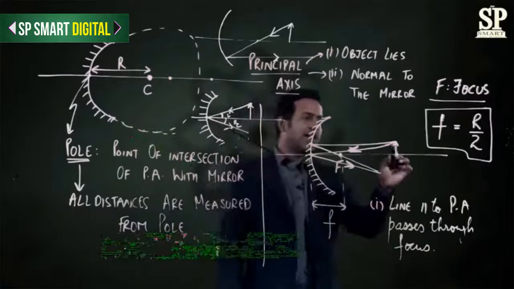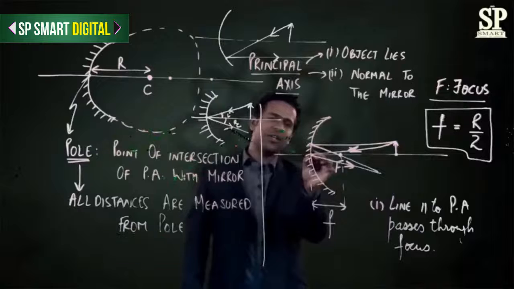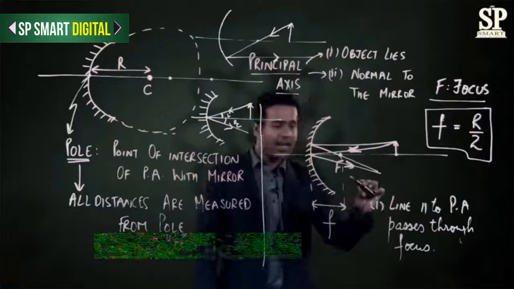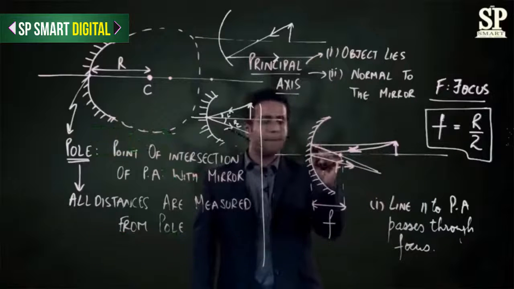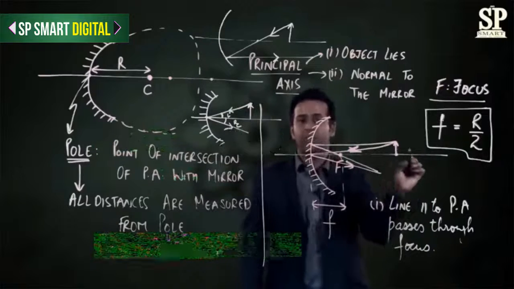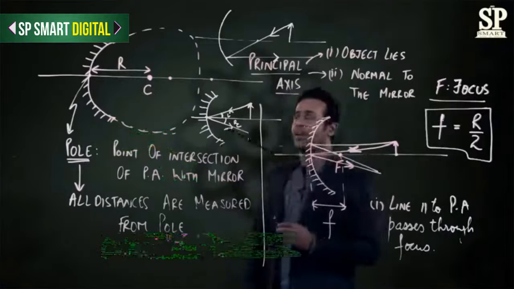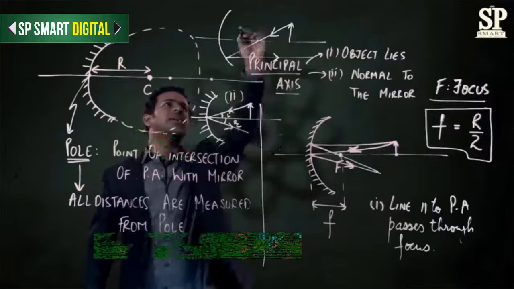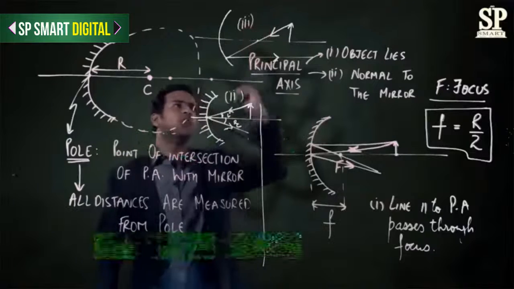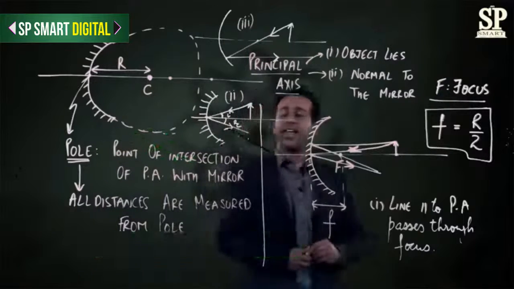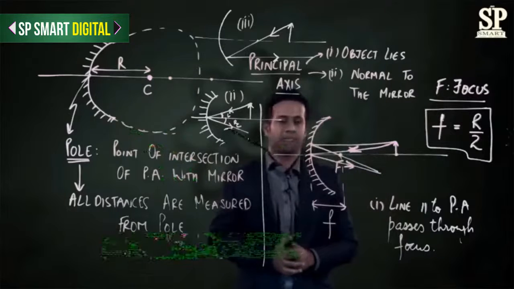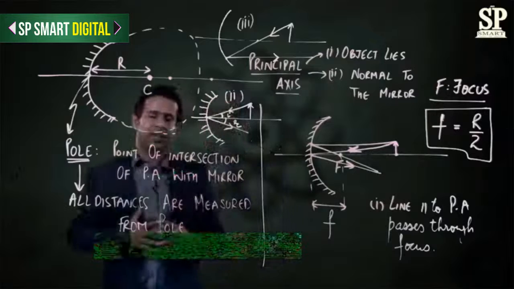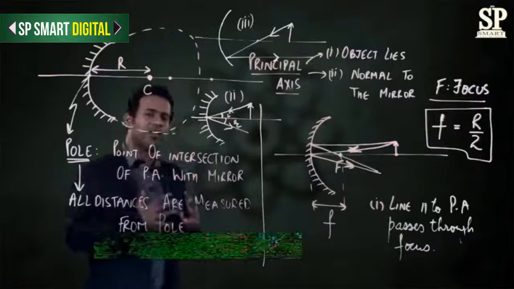So if a ray, when it is incident parallel to the principal axis, reflects through the focus, then any ray which comes through the focus must become parallel to the principal axis. Right. So these are the three laws that are used to obtain images in case of a spherical mirror. Now, though we have used these laws for a concave mirror, they hold equally well for a convex mirror.